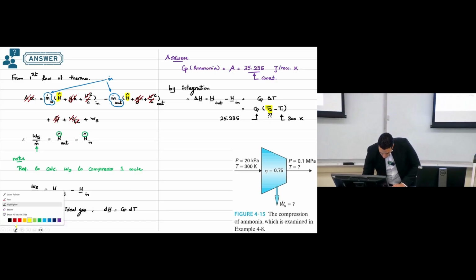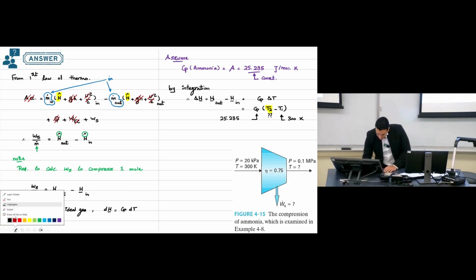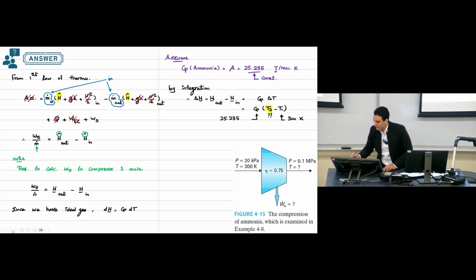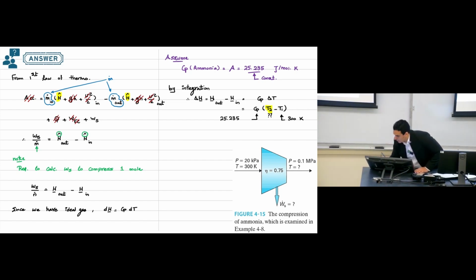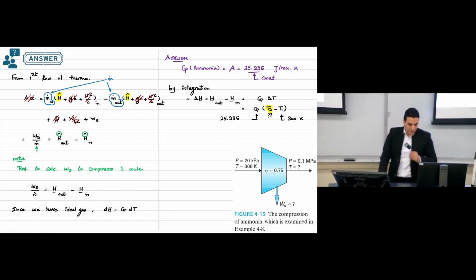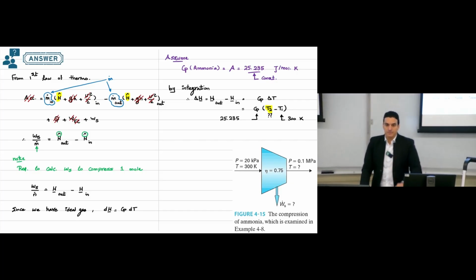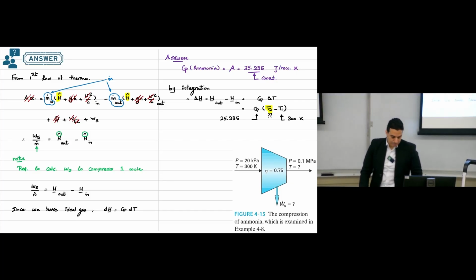Okay. So what else can we do in this example? In this example he said we have a steady state process, an adiabatic process. So we have an ideal gas with constant heat capacity.